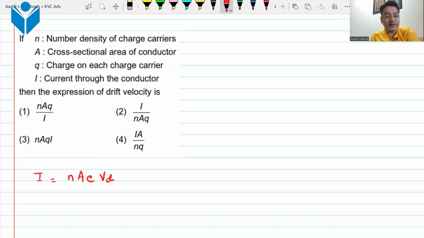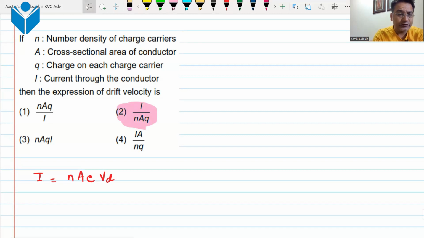The drift velocity becomes I divided by N A into E. The answer is I divided by N A Q. If you don't remember simple things, well, you might pay the costs for that. This is the next one.